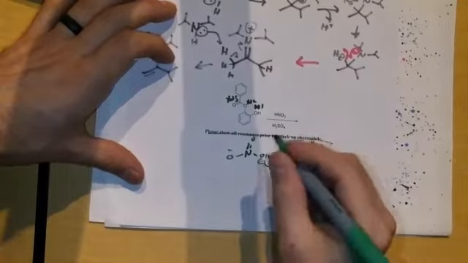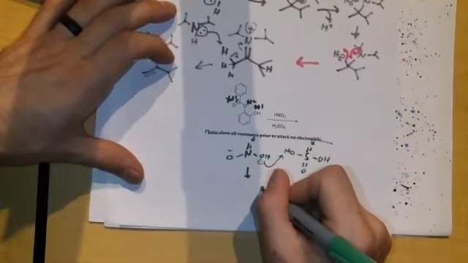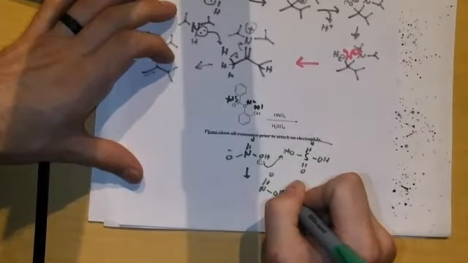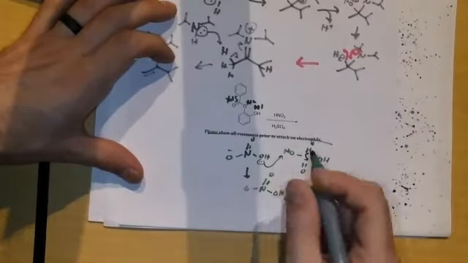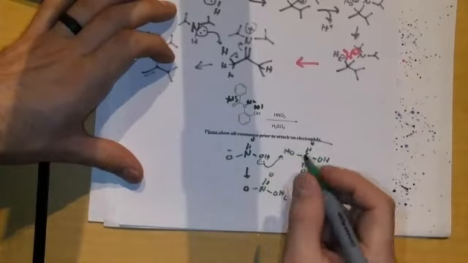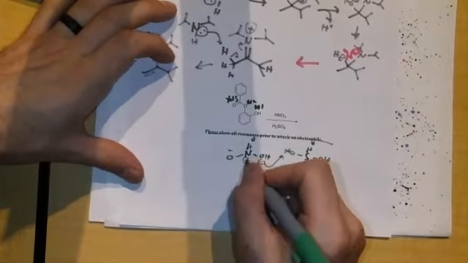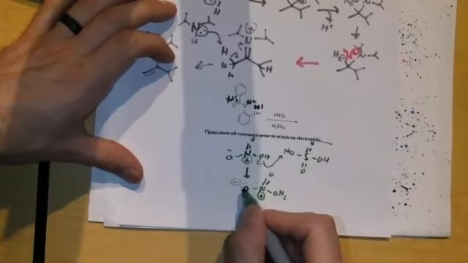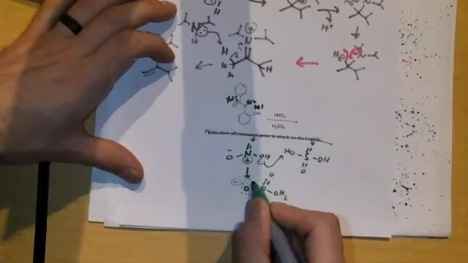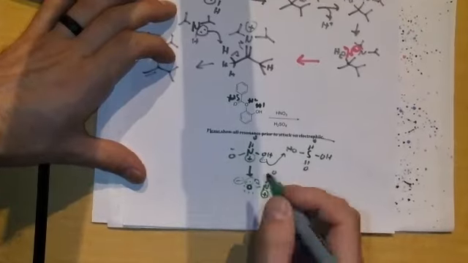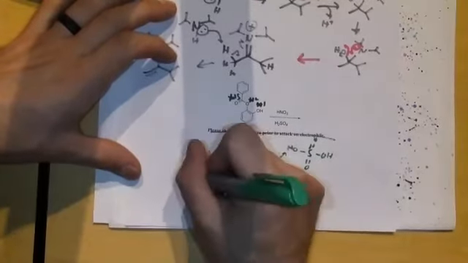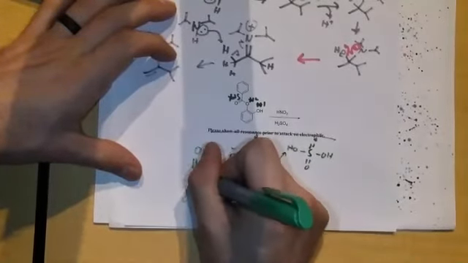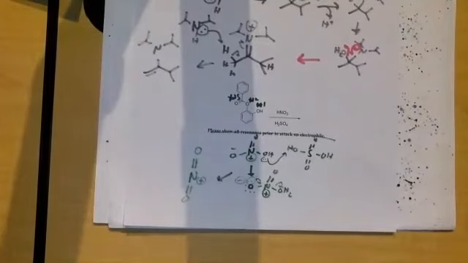Sulfuric acid is the better acid, so that'll make H2NO3, which is going to fall apart. We're going to have the electrons from this negatively charged oxygen take out the water and make NO2+, which is a really electrophilic nitrogen.